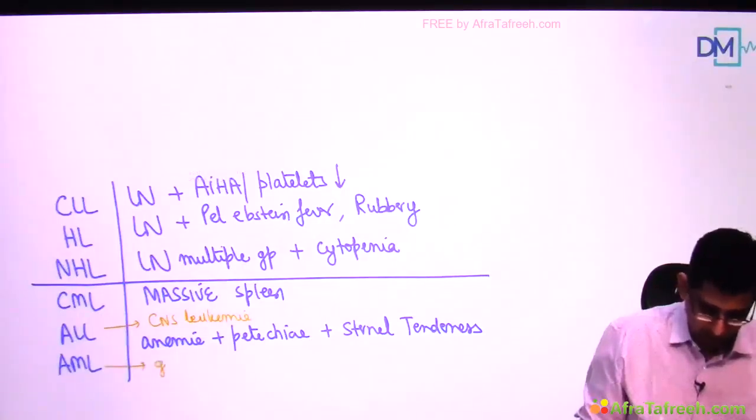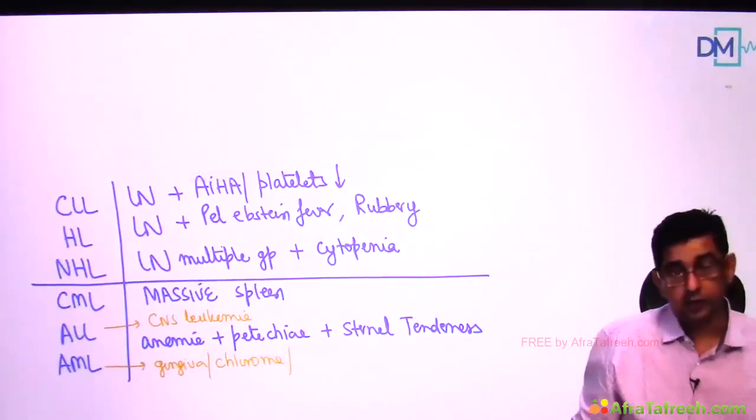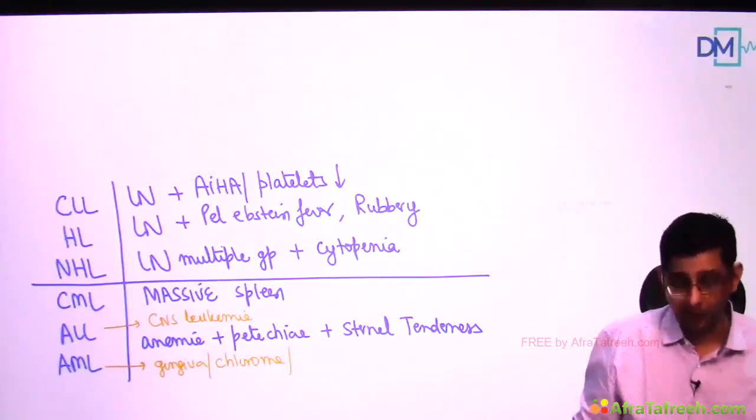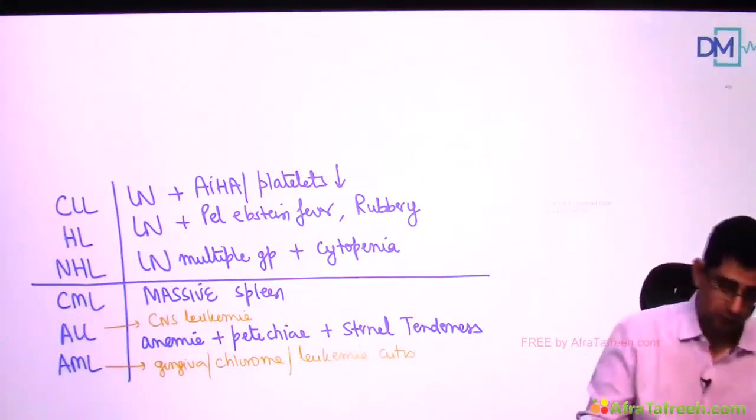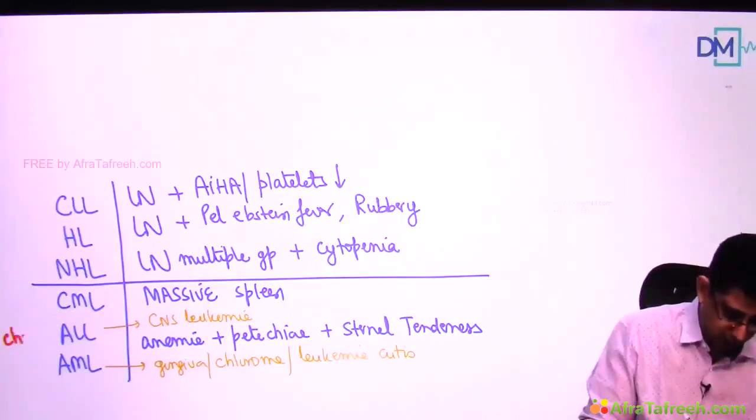But if he talks about gingival involvement, or uses a phrase like chloroma, which would mean involvement of tissues by myeloblasts, or he just says the patient is having leukemia cutis, then I will think in terms of acute myeloid leukemia in a patient. ALL will always be a child, or mostly will be a child.